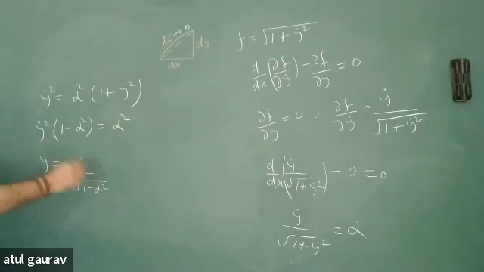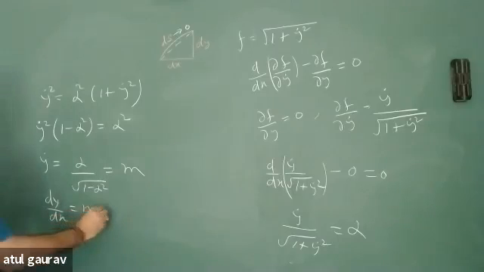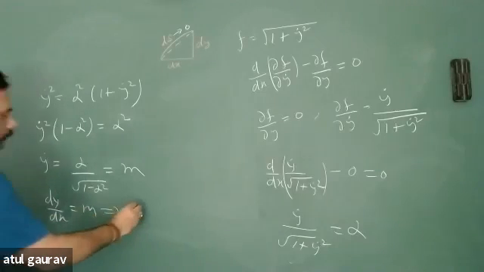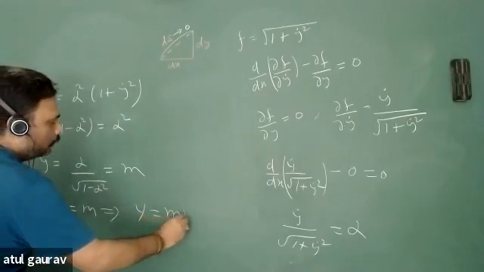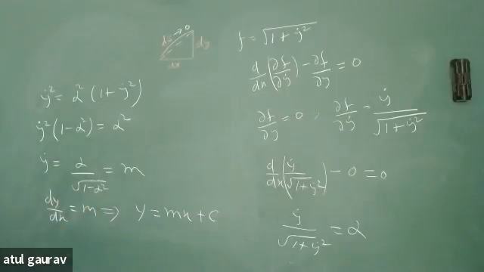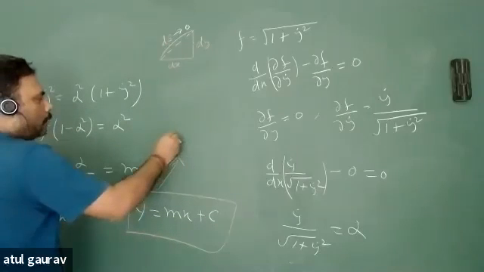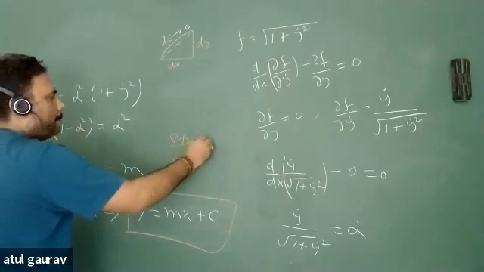A constant by a constant is, let's say, some constant m. So y dot, which is dy upon dx, is equal to m. When you integrate it, you will get y is equal to mx plus c. C will be defined from the initial condition. But the main thing is that this equation is nothing but a straight line.